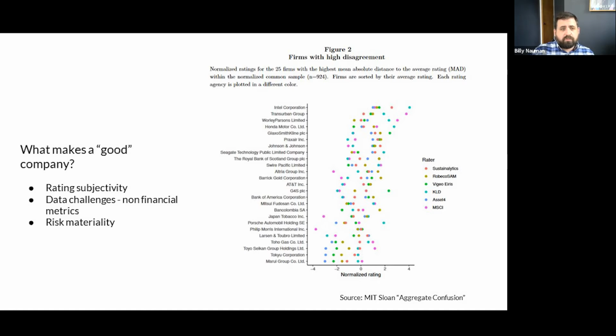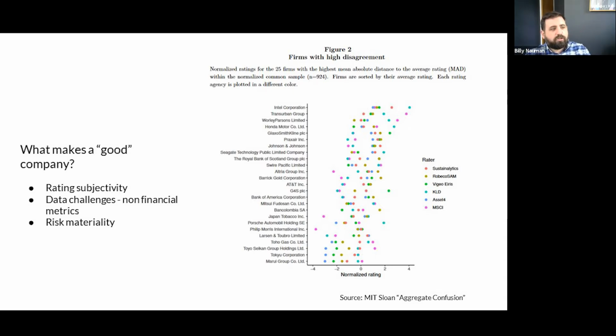You've got your MSCIs, your Sustainalytics, your RobecoSAMs, you go down the list, and all of these different companies are offering up ESG scores on companies, rating them an A, rating them an F, whatever the scale might be. Just Capital does this, others. But there was a really good study out of MIT Sloan called Aggregate Confusion that looked at this.